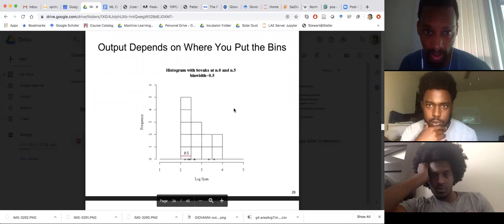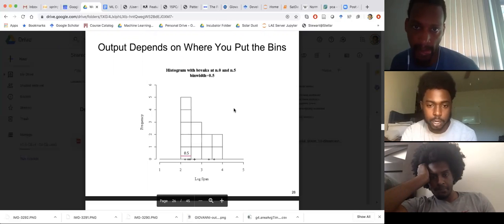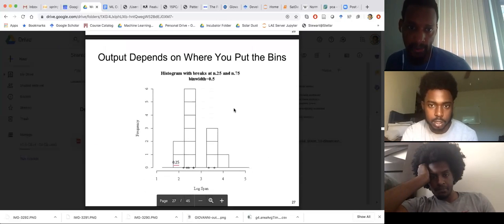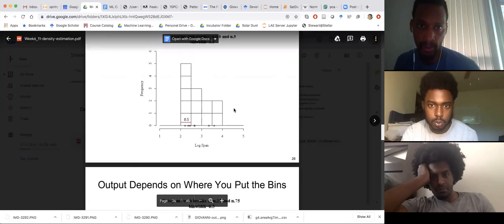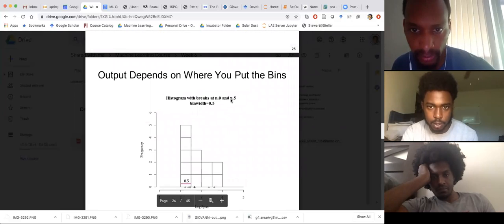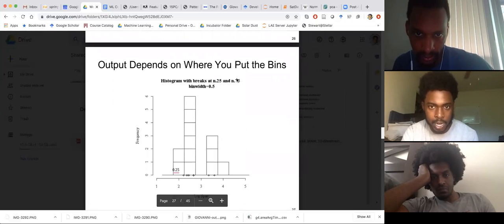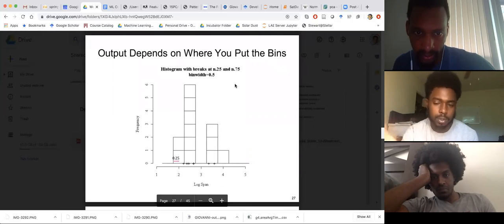And the output depends on where you put the bins. So your choice of bin width, and where you put the bins, is going to determine the output, which kind of sucks. If you were to slightly change this, bin width 0.5 with breaks at 0 and 5, versus the same bin width but with the breaks at different points, you get a different histogram.